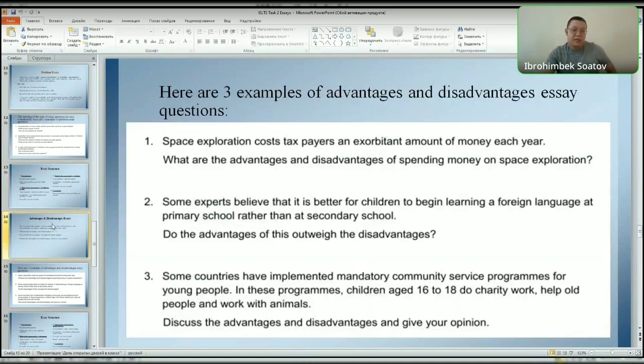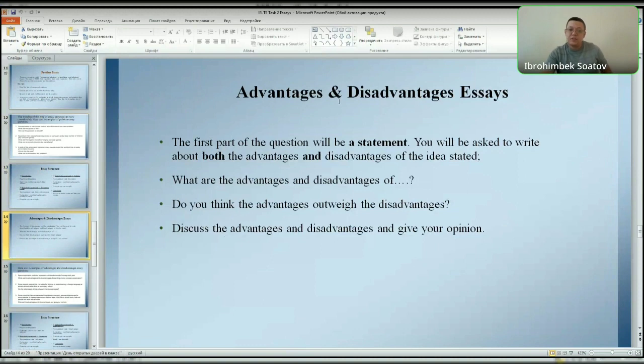And the next type of essay is the advantages and disadvantages essay. In this type of essay, you are going to write about the advantages and disadvantages of just one statement. And how can we identify this type of essay? As usual, we identify it according to the provided follow-up question, like: What are the advantages and disadvantages of something?